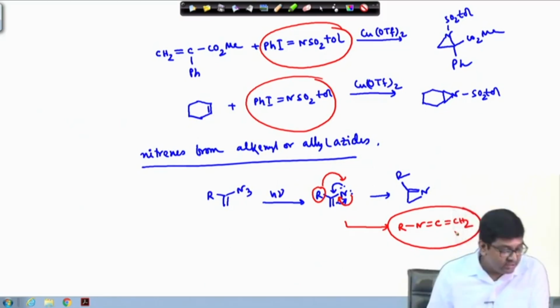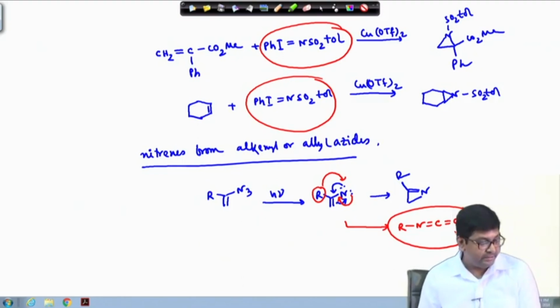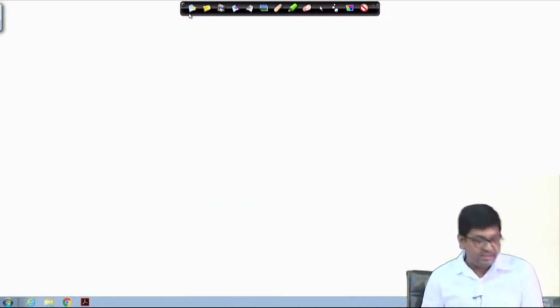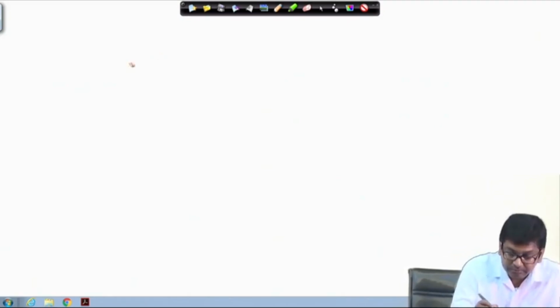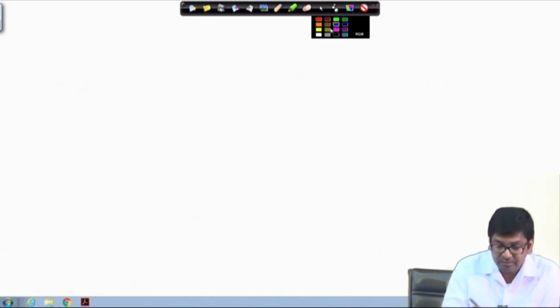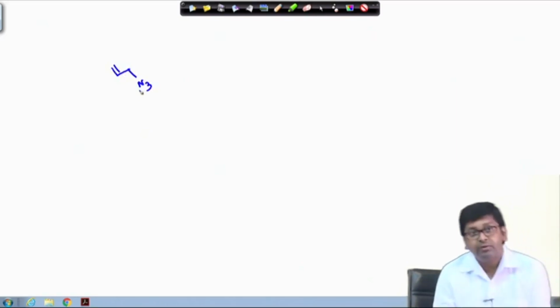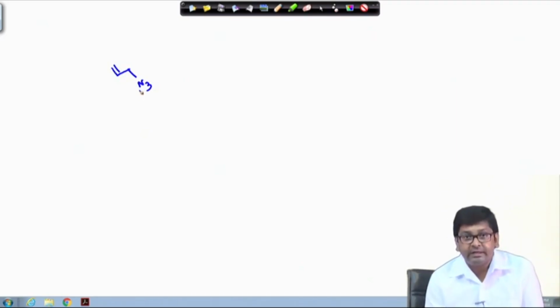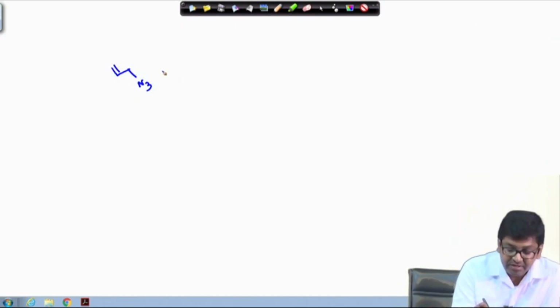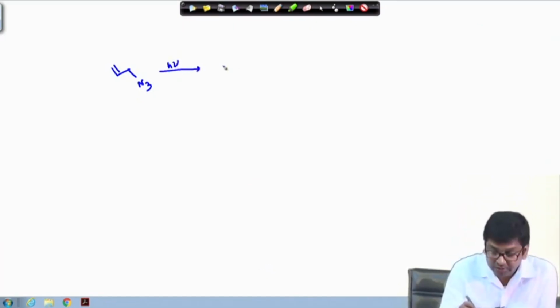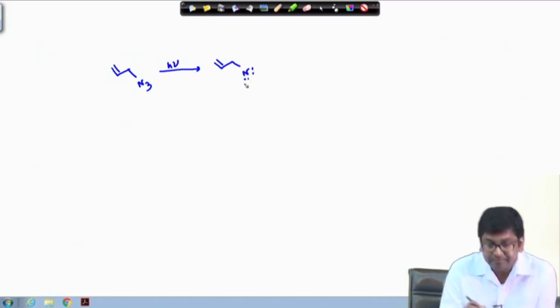Okay. Next, we will see what happens if we take the corresponding allyl azides. Let us say we have taken this allyl azide as the precursor of the corresponding nitrene. Now, again under photolytic conditions, this will give the corresponding nitrene.